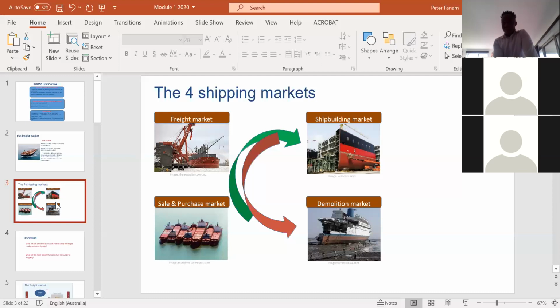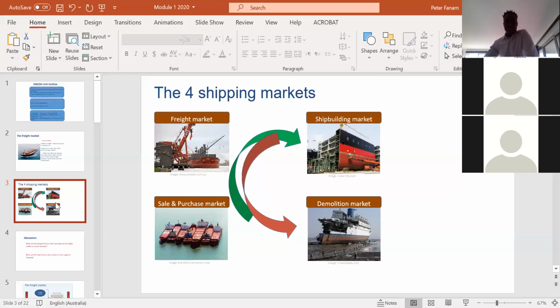So you can sell some in the second-hand market, but you will not get enough revenue. And at the same time, if you sell in the second-hand market, the total capacity is still the same, so you are still having excess capacity in the system. So the final option for them will be to send some of those vessels to the demolition market, or the scrap yard, to be scrapped totally.